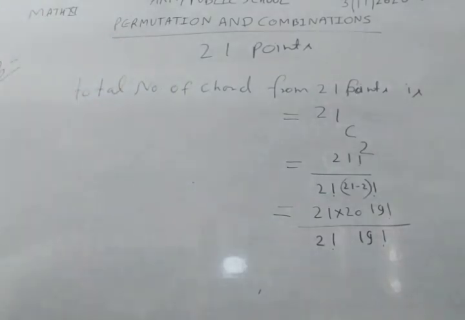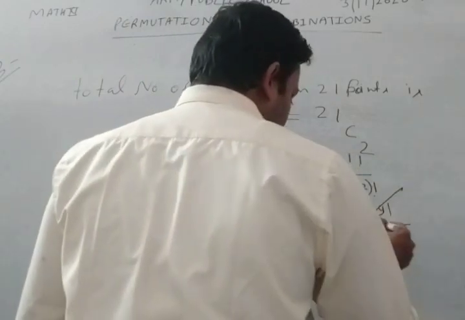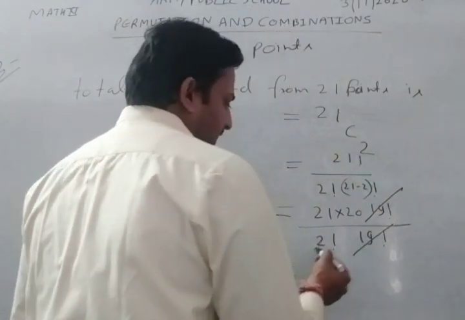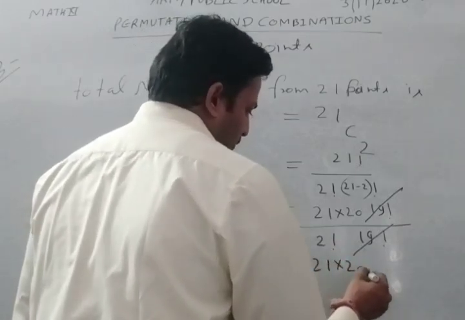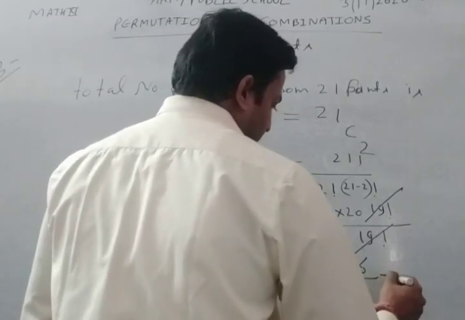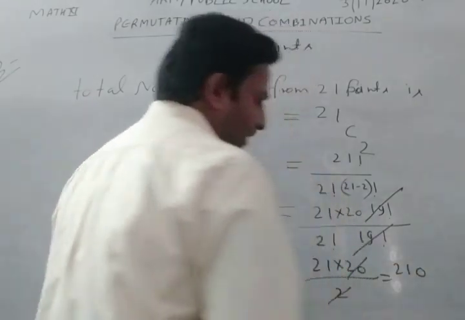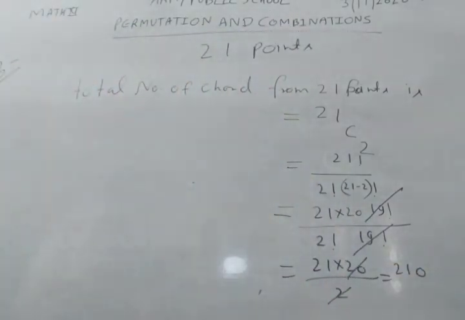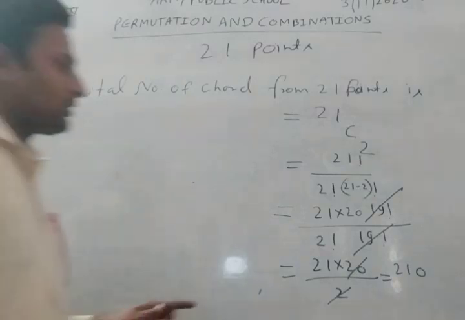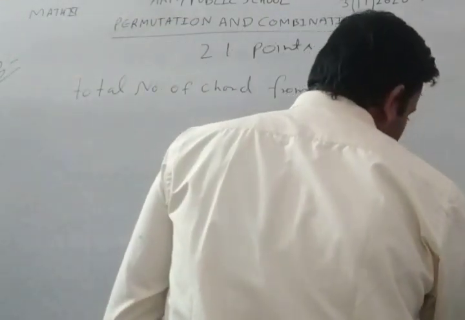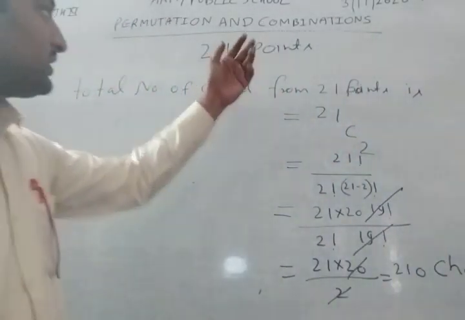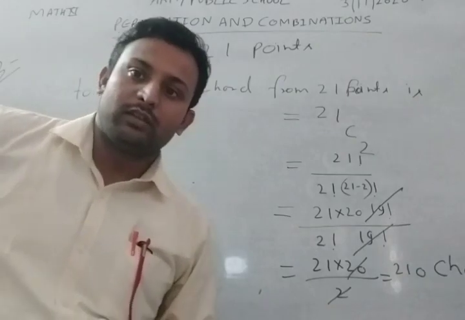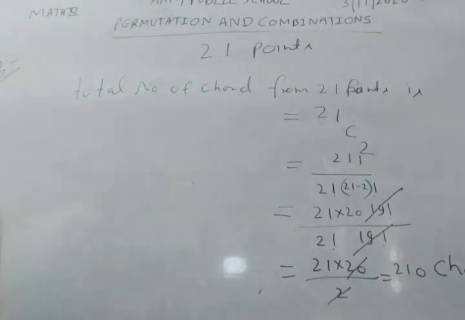Factorial 19 is cancelled, and for factorial 2 we can write 21 into 20 by 2, which gives 210 chords. So 210 chords can be drawn from 21 points on a circle. Now we will see the next question.